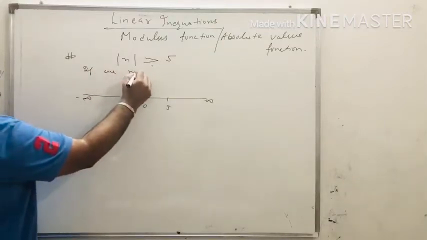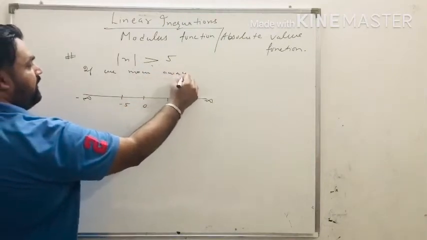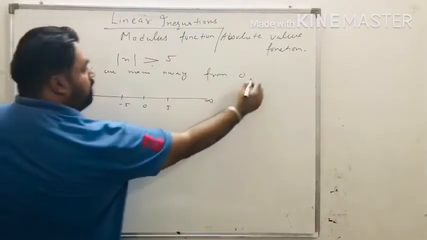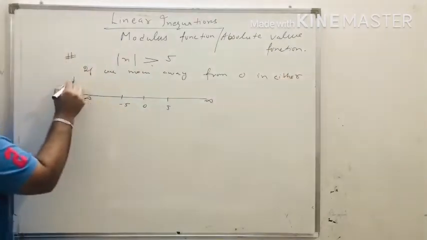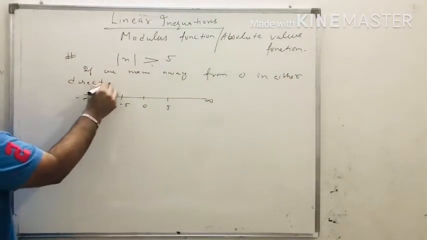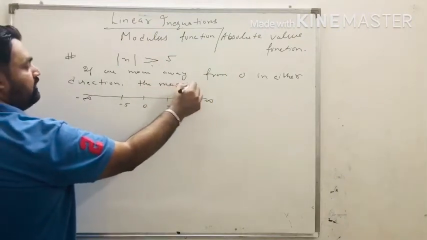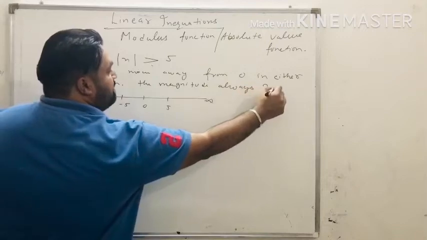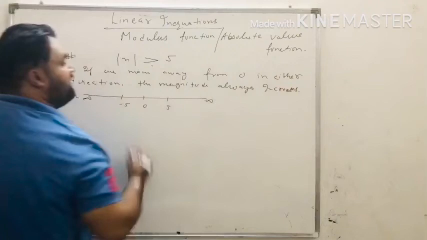If we move away from 0 in either direction, the magnitude always increases.